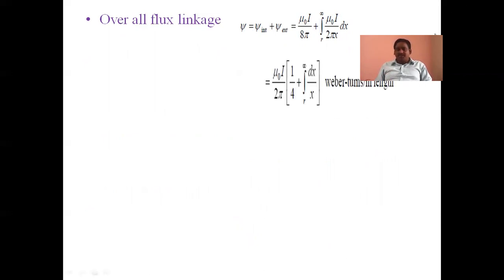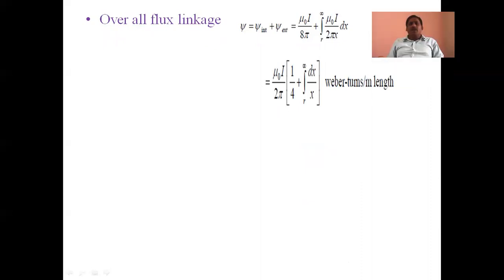Finally, the total flux linkage, the overall flux linkage, psi is equal to psi internal plus psi external. Psi internal is mu naught into I by 8 pi, plus the integral from r to infinity of mu naught into I by 2 pi x dx. From this, see here now, we take mu naught into I by 2 pi common.